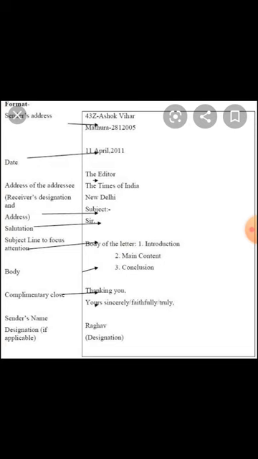Below that, we write something like thanking you, yours sincerely, yours truly, yours faithfully, etc. These things are called the complimentary close. Below that, the writer's name should be written. And if the writer has some kind of designation, some post, that should also be mentioned. So this is one standard format of a formal letter.